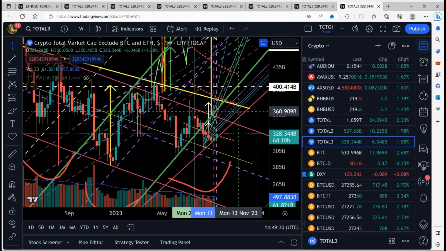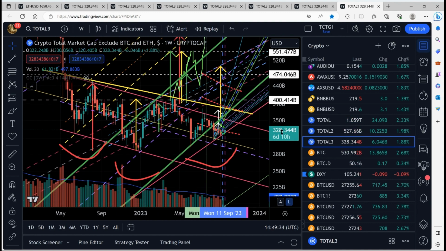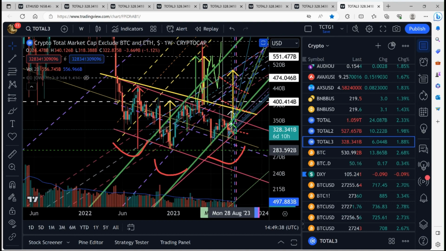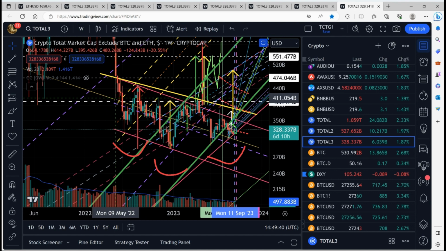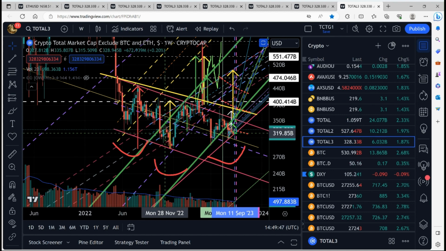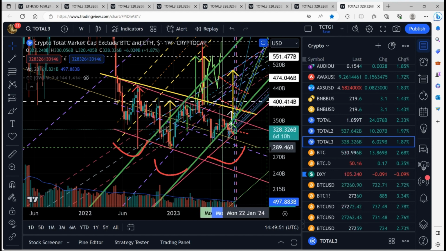And that yellow line is the neckline of our head and shoulders pattern we've been forming on the Total 3 over the course of the past year, almost going on a year and a half now. This shoulder here, this head here, and this shoulder here.